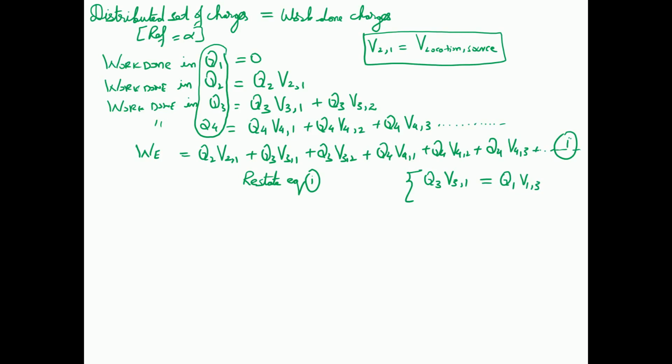To put it in simple words, let's say this is Q3 and the potential it is experiencing from source 1 is written as Q1 divided by 4 pi epsilon R13. It is the same as saying that if I have Q1, the potential experienced by Q3 or point charge is Q3 divided by 4 pi epsilon R31.